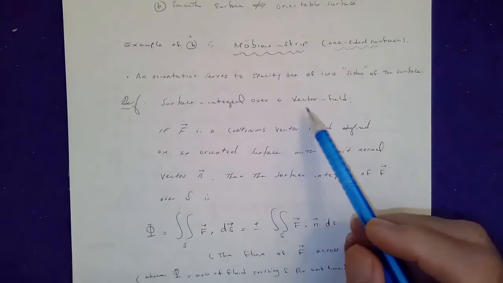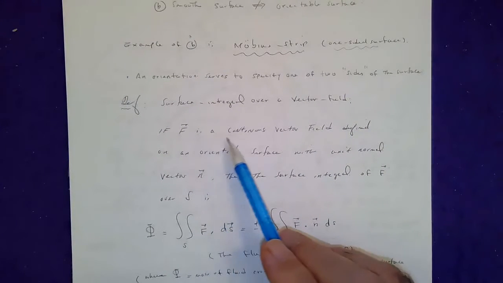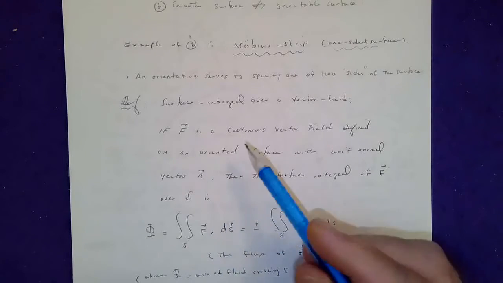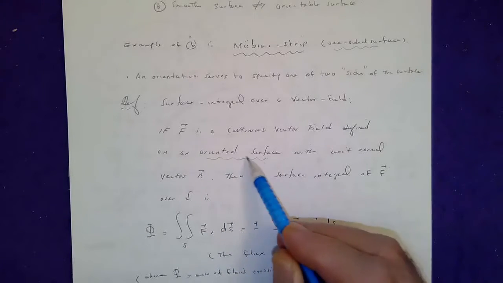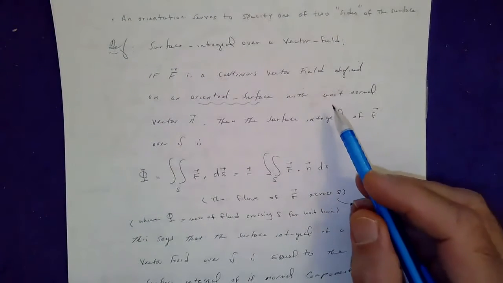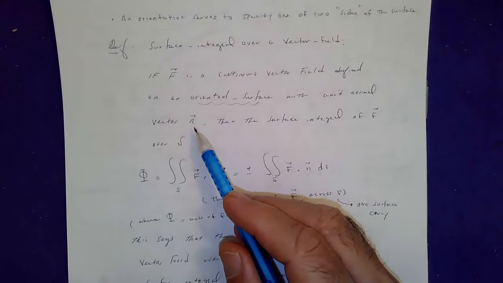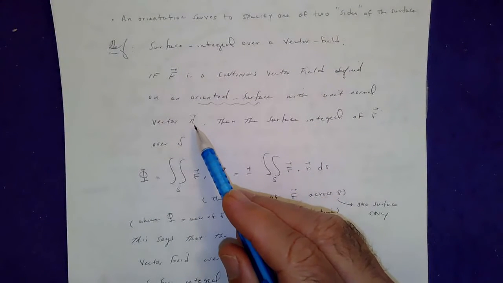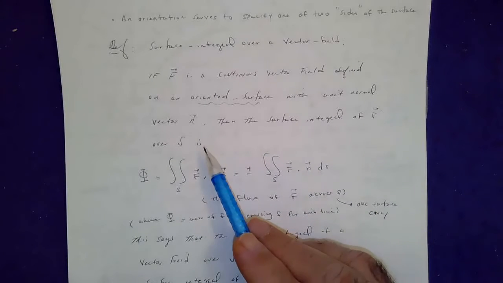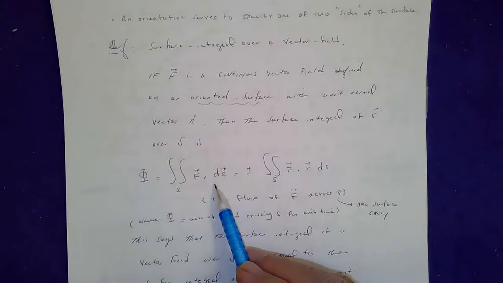So the surface integral over a vector field: if F is a continuous vector field defined on an oriented surface, notice we have to have an oriented surface with the unit normal vector n, so this is a unit normal, that means its magnitude is 1, then the surface integral of F over S is defined as this.